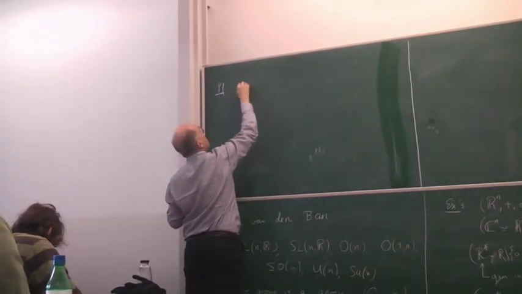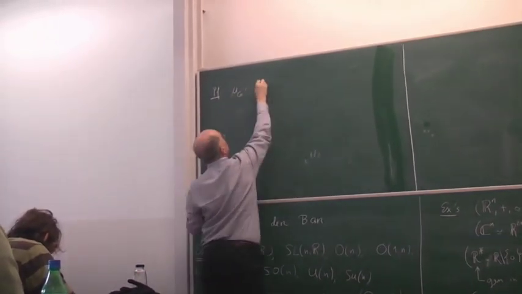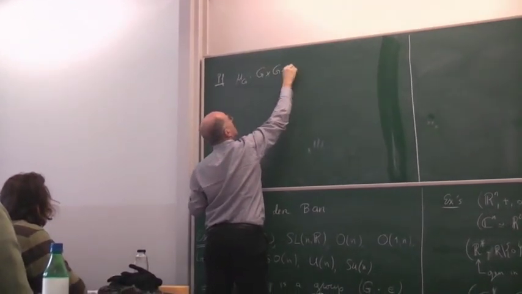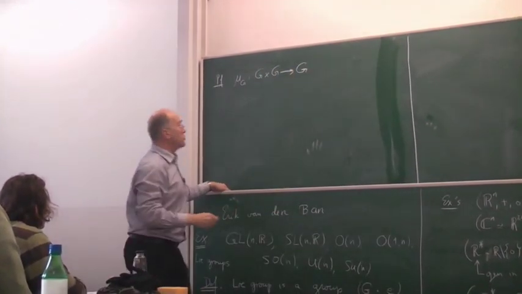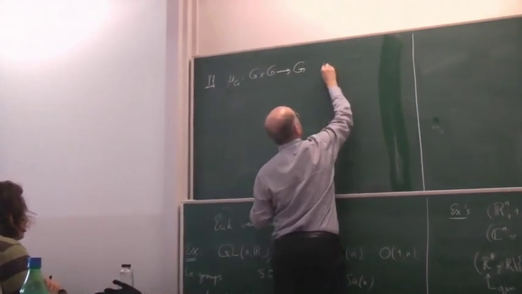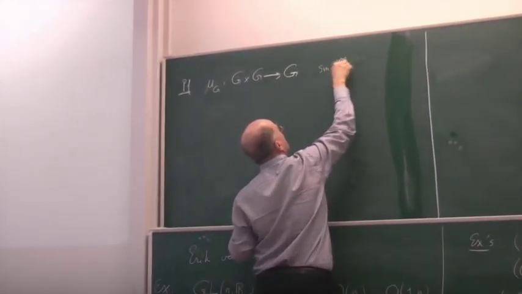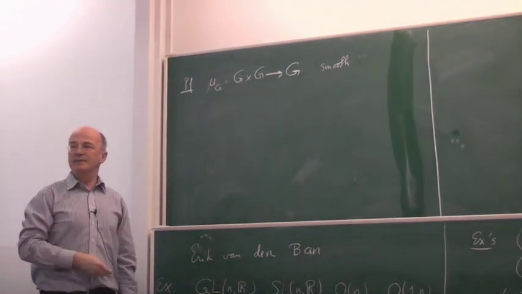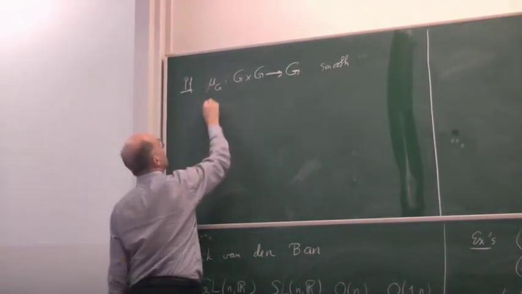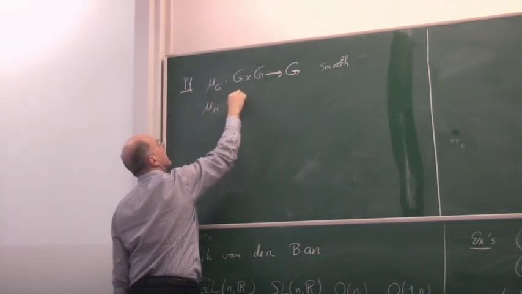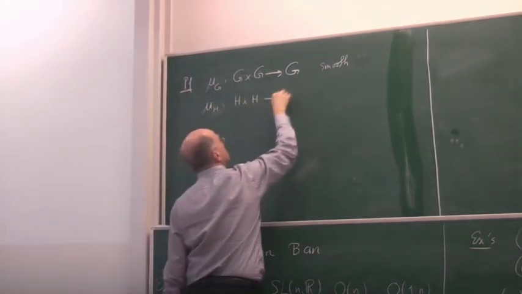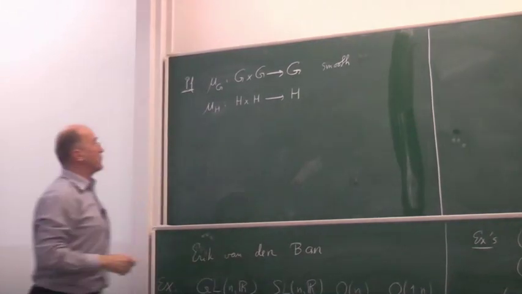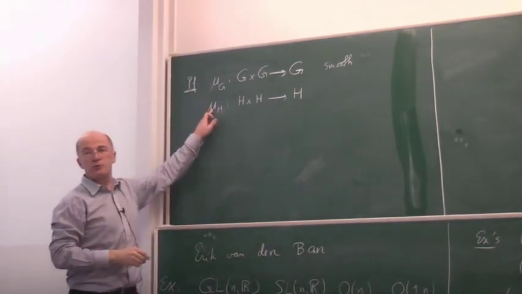Well, of course we have the group multiplication of G, which is a smooth map. Now we also have the group multiplication for H, and of course what we would like to show is that this is a smooth map.